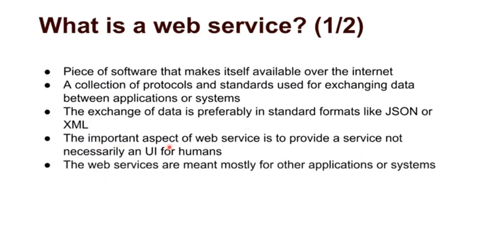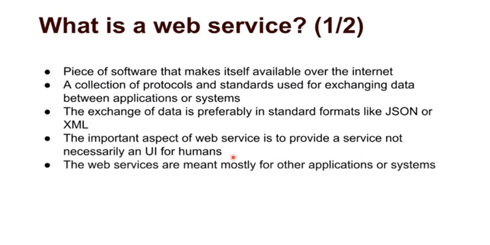An important aspect of a web service is to provide a service, not necessarily a UI for humans. This is one of the more important aspects, because most of the time we deal with user interfaces, but it's not necessary that services are provided to humans only. Sometimes we require data for software or for applications.